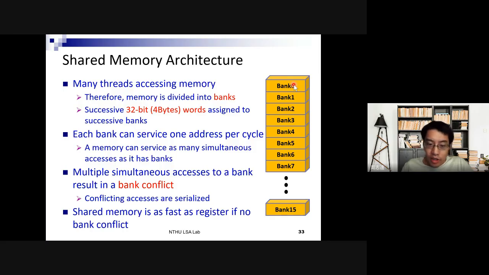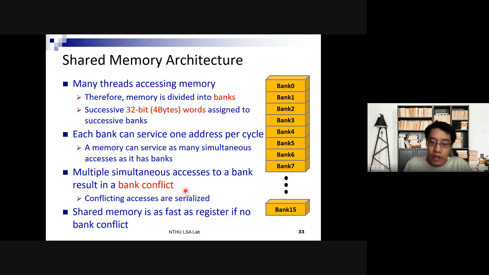So if you have data access occur on the same bank, that is what we call the bank conflict. You have a conflict on the same bank. The result is serialized memory access. So of course, you cannot fully exploit the bandwidth, and even worse, they are serialized, so the latency will be longer.